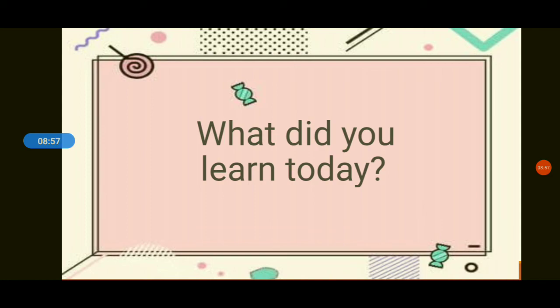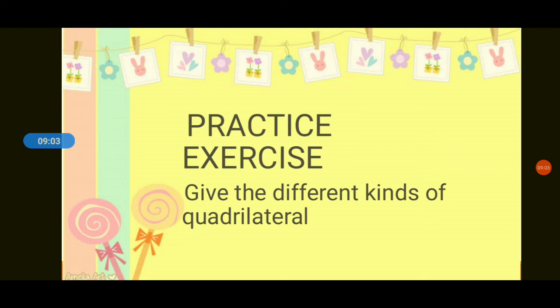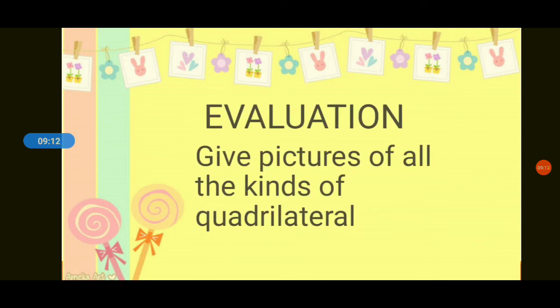Now, if you really did understand the lesson, let us proceed to your practice exercise wherein you are going to give the different kinds of quadrilateral. That is your practice exercise. And here is your evaluation. Give pictures of all the kinds of quadrilateral. Now, don't forget to answer your practice exercise and your evaluation because I am going to check it.